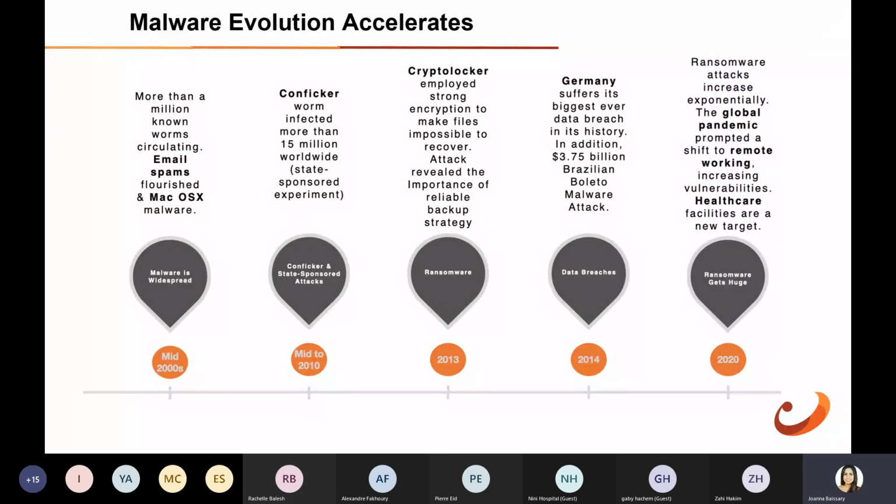By the mid 2000s, there were more than a million known computer worms circulating around the internet. Email spam was becoming big business, as malware authors stood to make serious cash by blasting out unsolicited email spam and getting just a percentage of users to buy their goods or click on links.